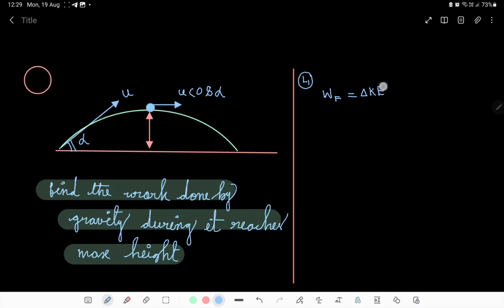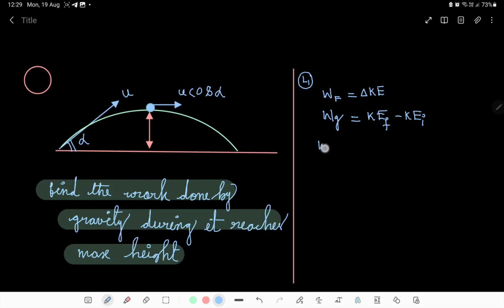So here the only force doing the work is gravity. Therefore work done by gravity will be equal to change in kinetic energy. Change in kinetic energy can be written as KE final minus KE initial, right?